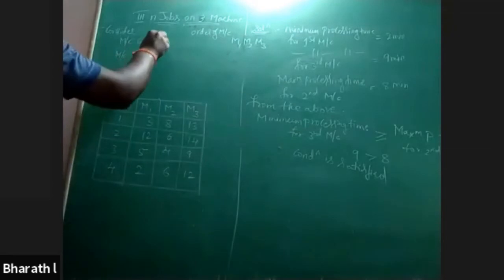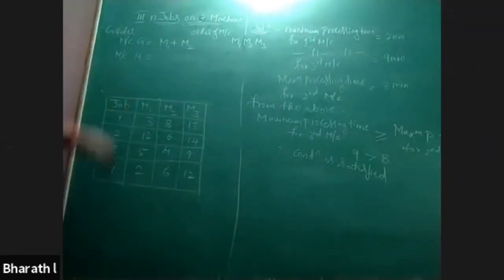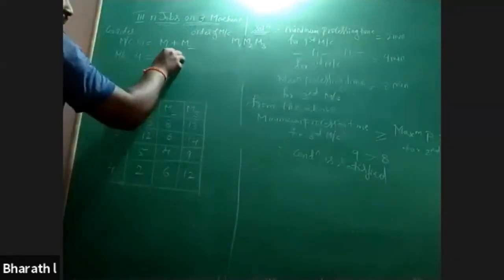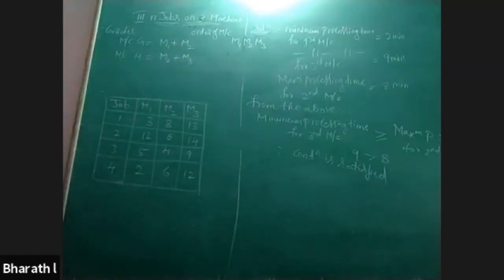That is, machine G is given by M1 plus M2. And for machine H, we consider the last 2 machines, that is M2 plus M3.